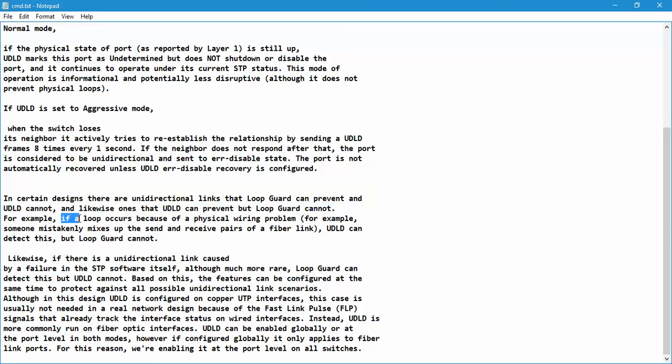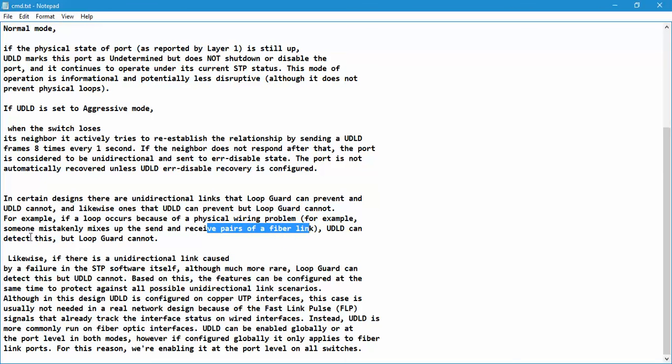For example, if a loop occurs because of a physical wiring problem، لو في عندك مشكلة في الوايرنج، الكابل نفسه فيه مشكلة. For example, someone mistakenly mixed up the send and receive pairs of the fiber link. طبعا لو عندك RJ45 لخبط البنز، سوري الفايبر.